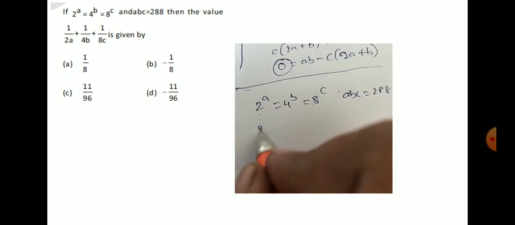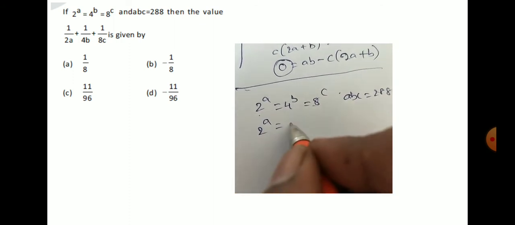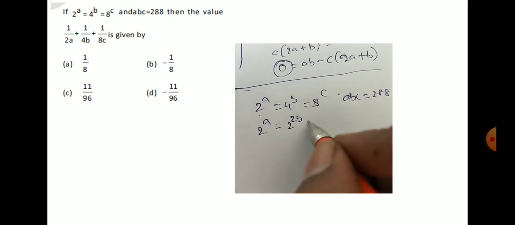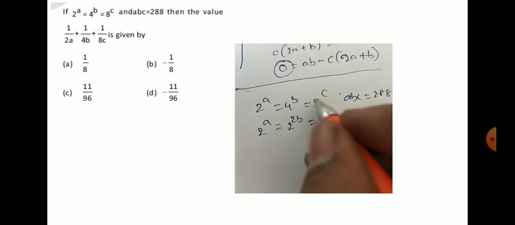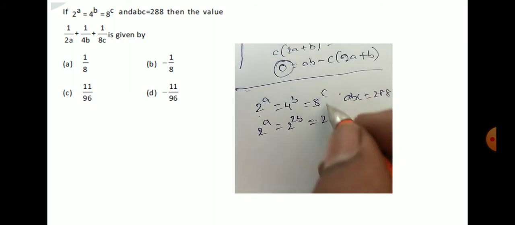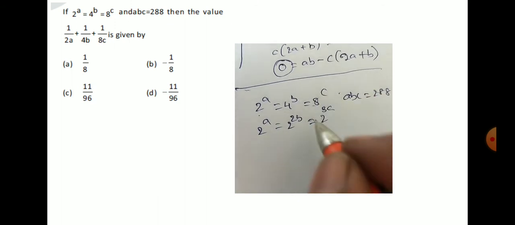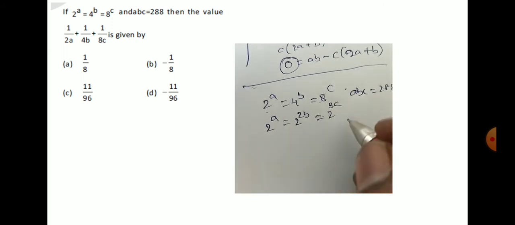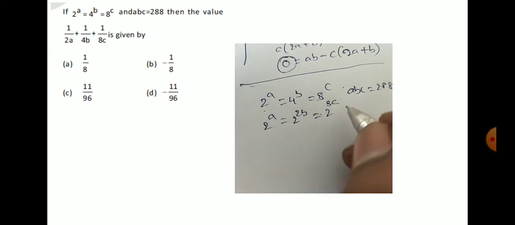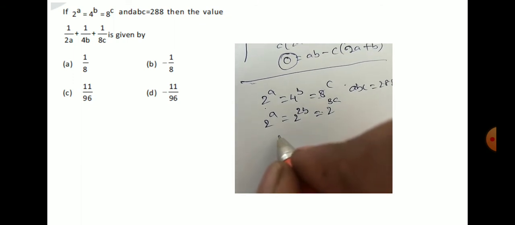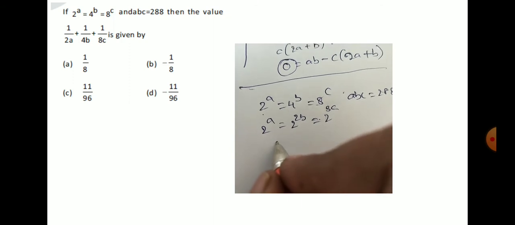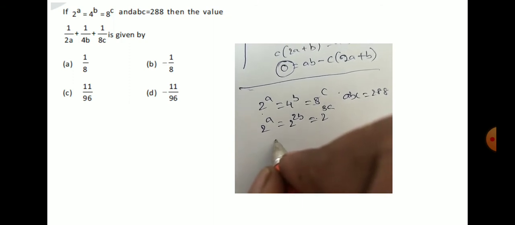What we can write? 2 power a, 2 power 2b, because 2 square is 4, is equal to 2 power 3c, because 2 cube is 8, right?